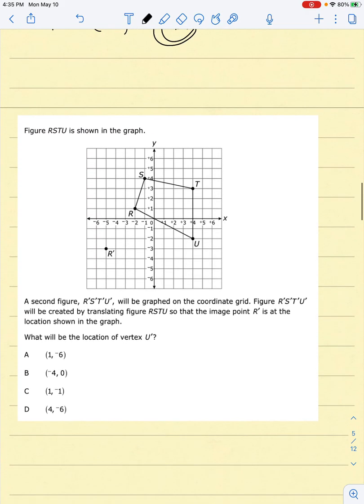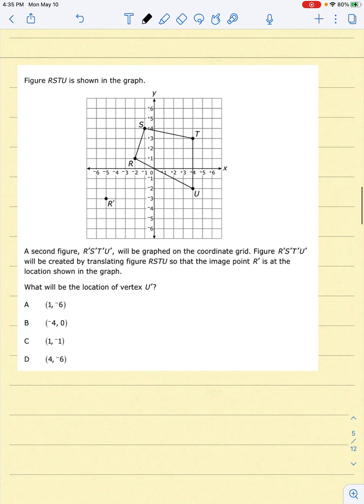So let's take a look at number 4. Let's read through it. Looks like there's a little bit more to get through to get to the question. It says figure RSTU is shown. So here it is, RSTU. A second figure, R prime, S prime, T prime, U prime, will be graphed on the grid.